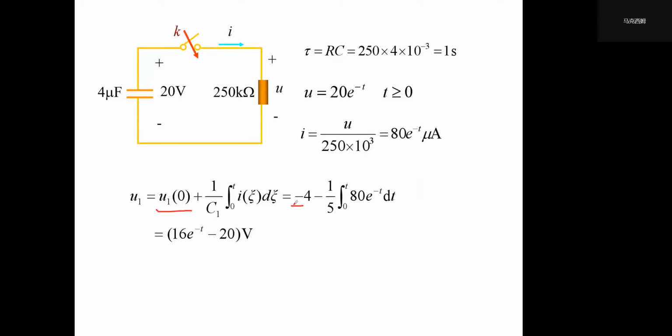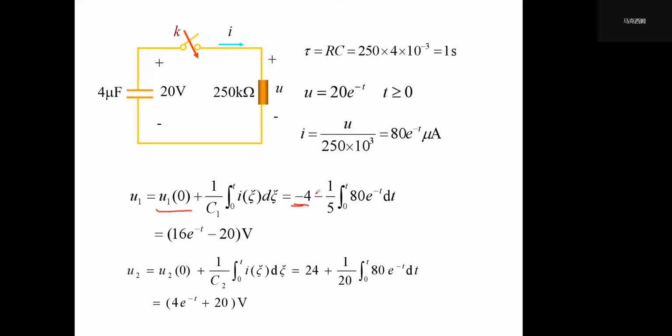Since its reference direction is different from the equivalent capacitor, we give it negative 4 volts as the initial value. The other one is 24, and by doing this integral, we can calculate how the voltage changes.